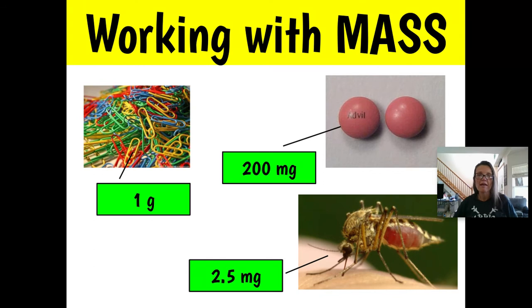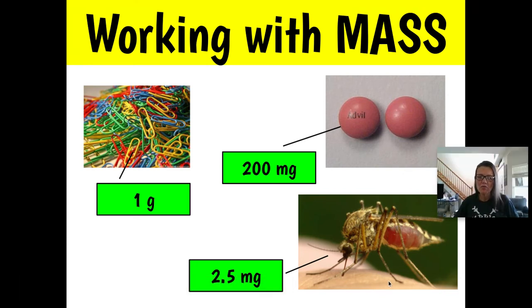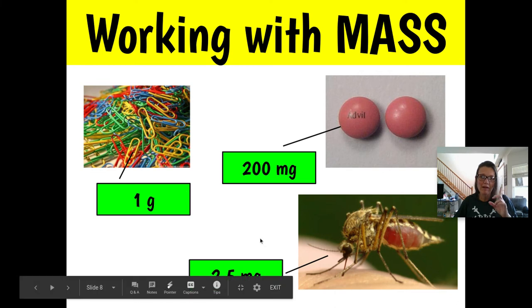So, for example, a dose of Advil that the normal person is supposed to take has 200 milligrams of ibuprofen. Okay, and here's an example of a mosquito, which weighs 2.5 milligrams. So you can see that they're even tinier than a gram. And of course, a paperclip weighs about a gram, so we just use the 1 gram index.